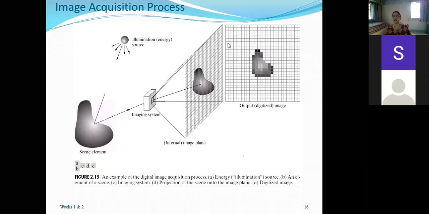For display, there is an x coordinate, a y coordinate, and every data point represents some intensity value. Basically, we are considering the two-dimensional projection of a real object.